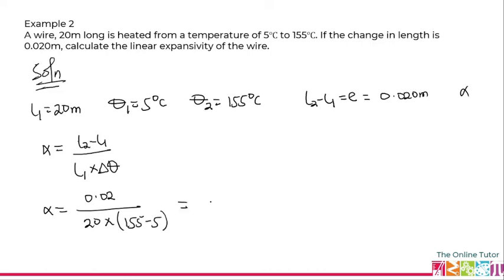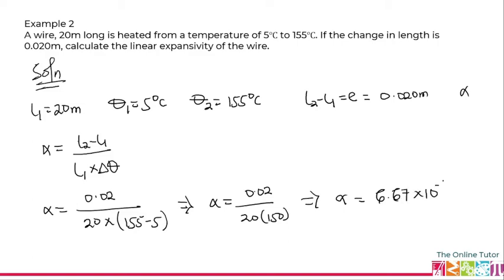So this means our alpha is equal to 0.02 over 20 multiplied by 150. If we multiply this and divide by the top, we are going to have our alpha, which is the linear expansivity of the wire, to be 6.67 times 10 raised to the power negative 6.